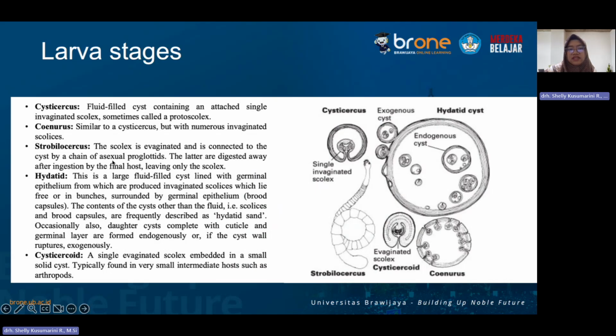They are differentiated by their form. Mostly we can find Cysticercus in ruminants or mammals, Strobilocercus maybe in rodents, Hydatid in herbivore animals, and Cysticercoid we can find in arthropods.